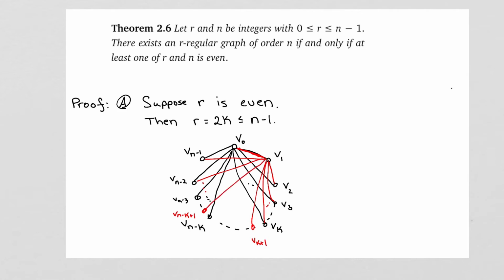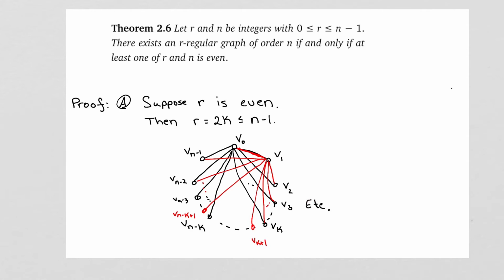So again, just the first k vertices after v1 in the clockwise direction, and the first k vertices to the left of v1 in this counterclockwise direction. And then I would just repeat that with every single vertex in the graph. And again, we're going to be retracing some edges over again. But when I'm done, every vertex will have these 2k edges and therefore a degree 2k at each vertex.